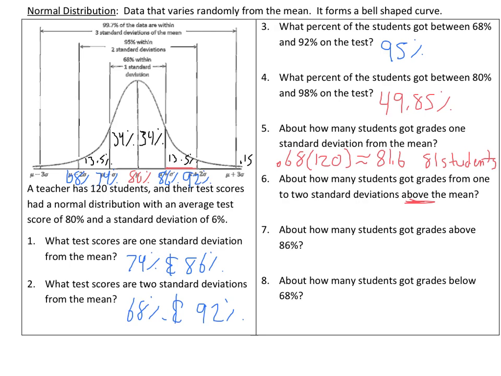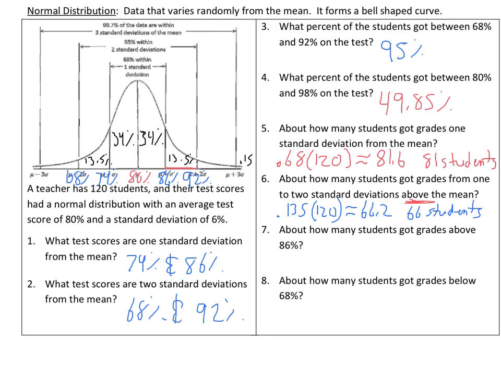So I want to take 13.5%, which is this, of my 120 students. And when you do that, you get approximately 66.2 students, which would be, let's just say, 66 students, because that's my percent of the 120.